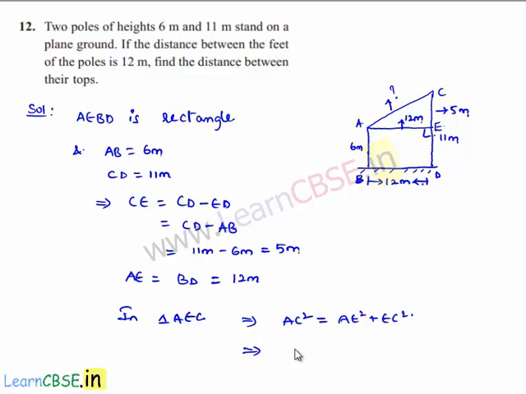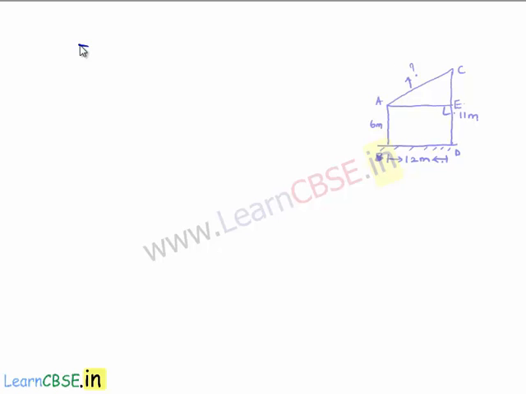That implies AC square is equal to 12 square plus 5 square, which is 144 plus 25, that is 169. That implies AC is equal to square root of 169, that is 13.